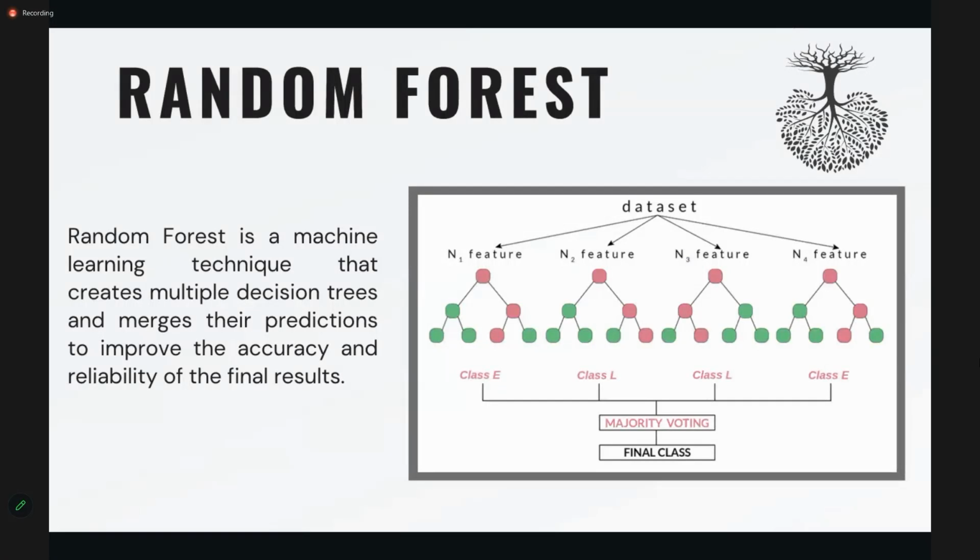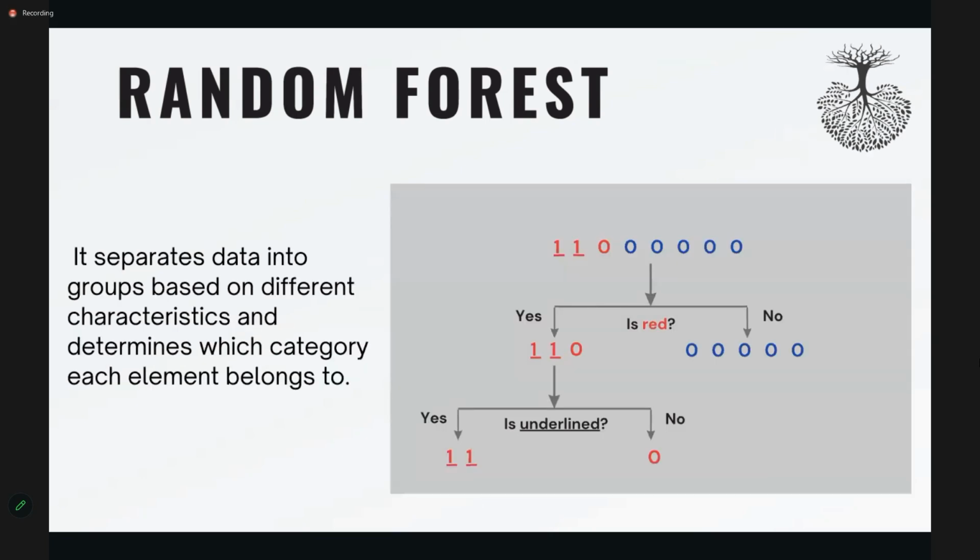And now I'm running through the different classical machine learning methods. The first one is random forest, a machine learning technique that creates multiple decision trees and merges their predictions to improve accuracy and reliability. A decision tree separates data into groups based on different characteristics and determines which group each element belongs to. An easy example: we have data and we ask, is it red or not?